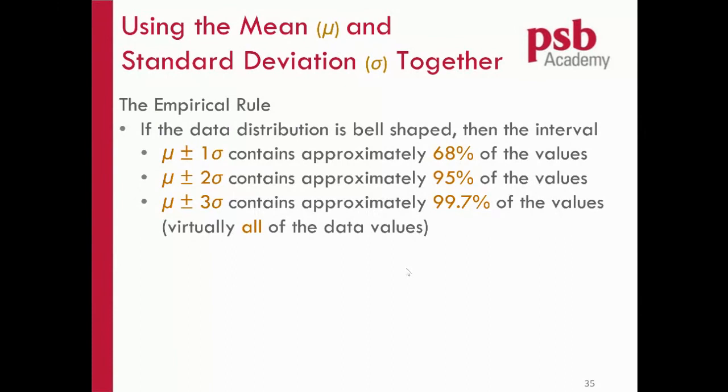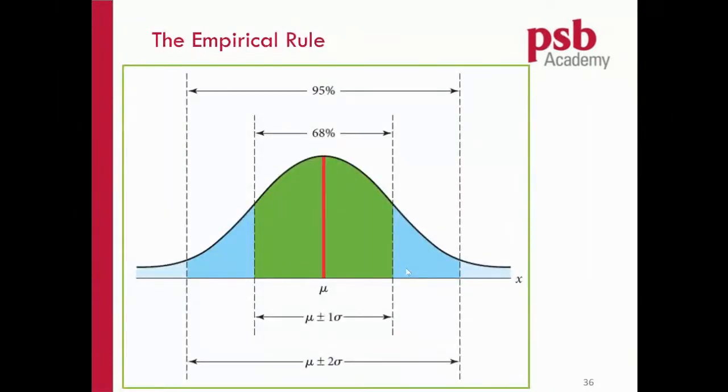So what is this rule? This rule says if you have this graph here, you can find out what is the middle. Okay, so the middle will be the mu, the mean, the average, right in the middle. And you cut three sections on the right hand side, and you cut three sections on the left hand side.